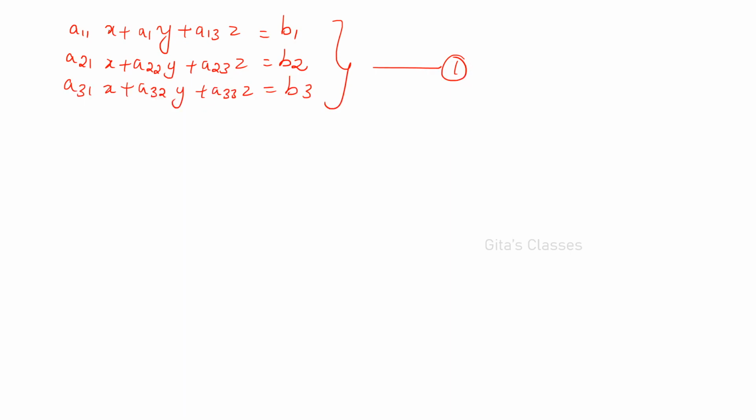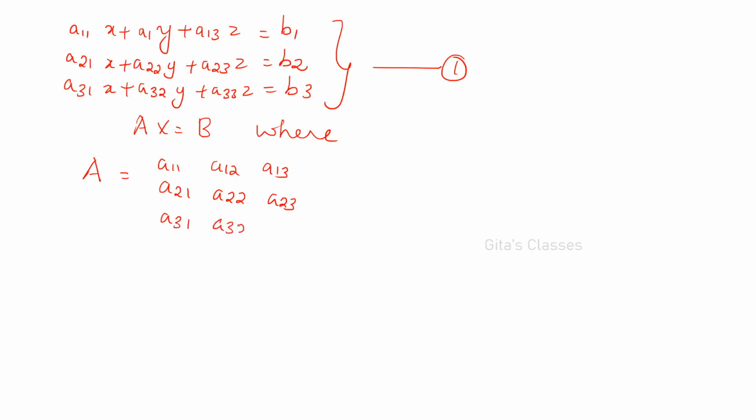Now we can represent this equation as, this can be extended for any number of variables. We are seeing for three variables x, y, z, three unknowns. So it can be expressed in the form of a matrix as Ax is equal to B, where the matrix A is A11, A12, A13 and A21, A22, A23, A31, A32, A33.